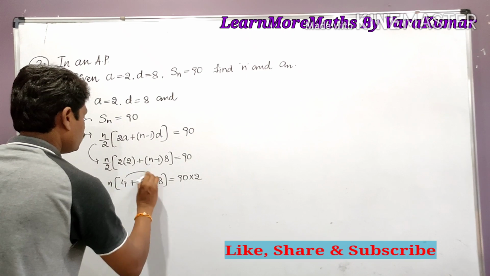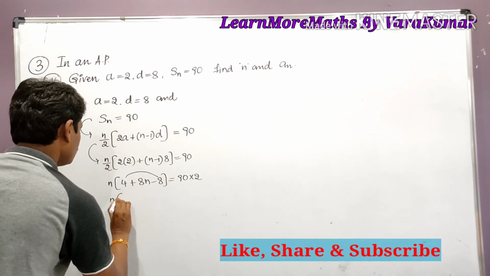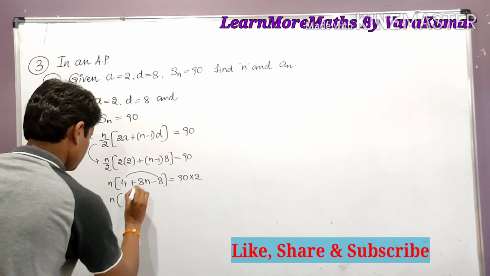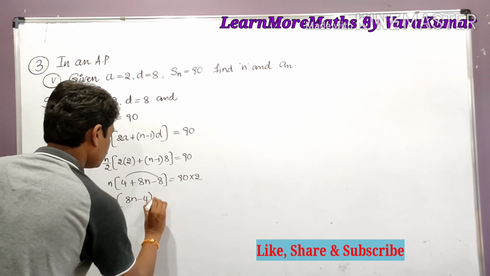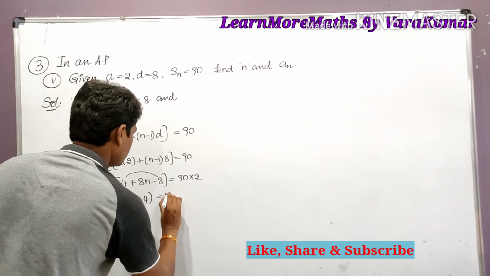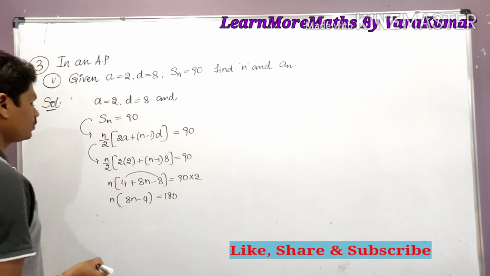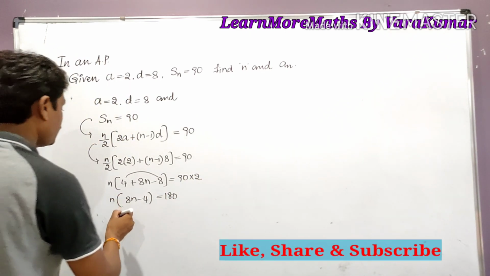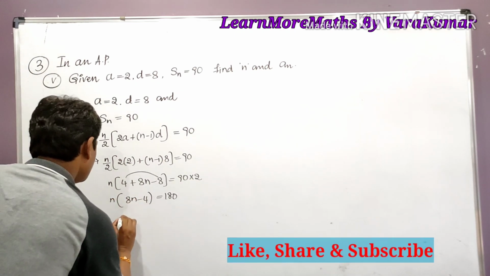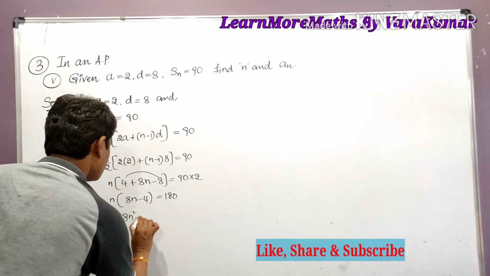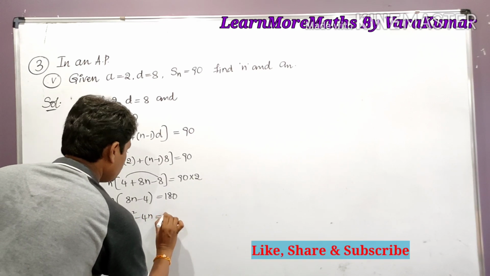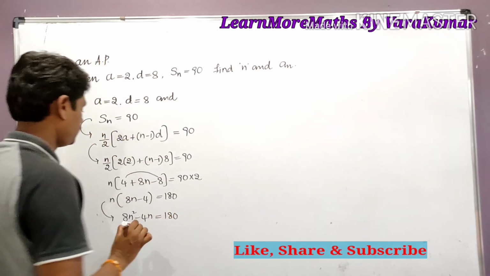So here n into (4 minus 8 plus 8n, that is 8n minus 4) is equal to 180, student. 90 into 2 is 180. So multiplying by n, we get 8n square minus 4n is equal to 180.